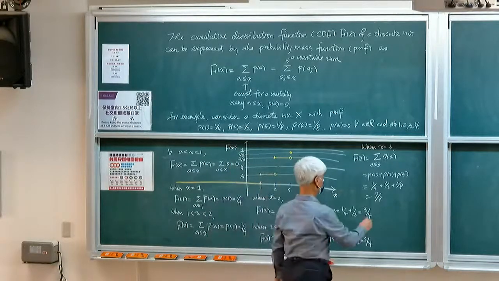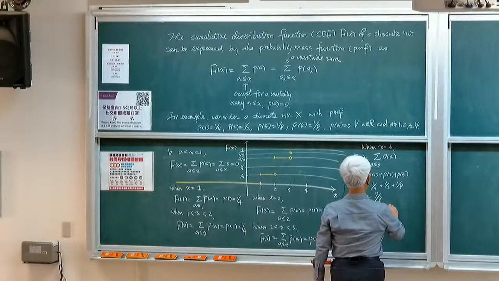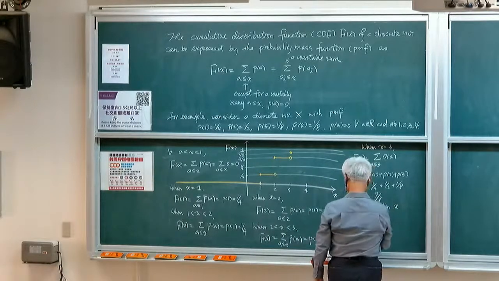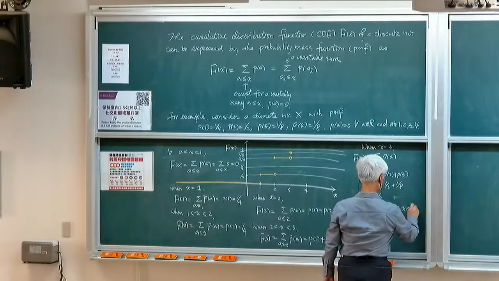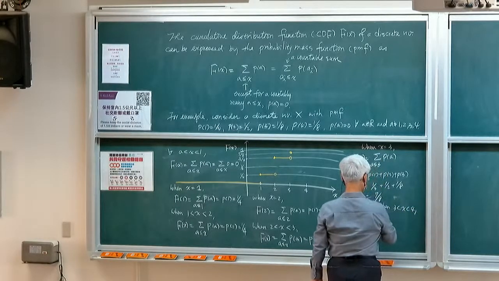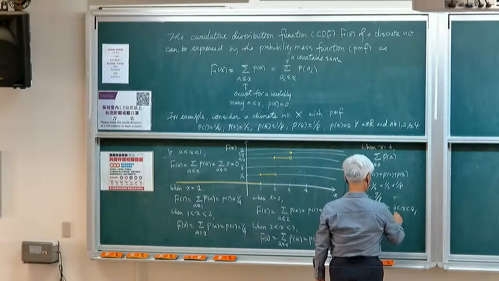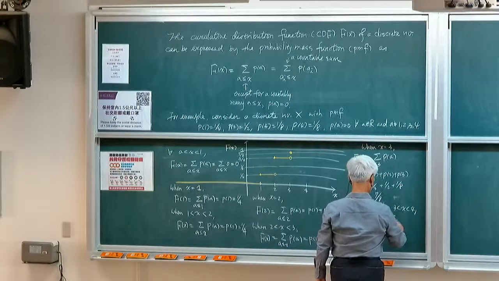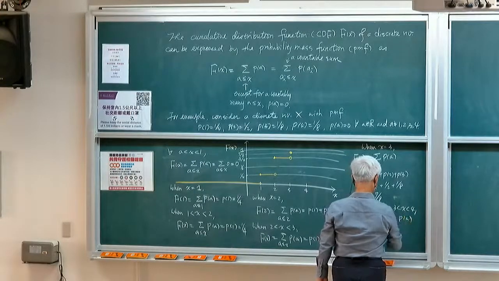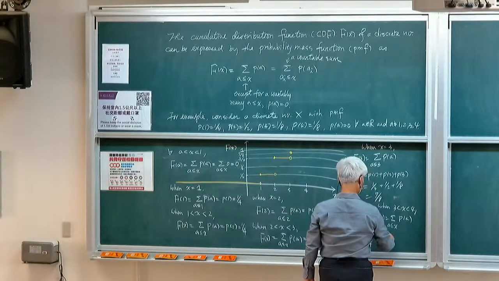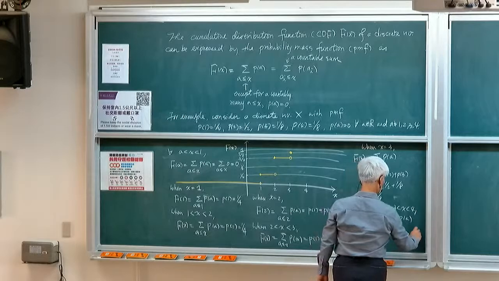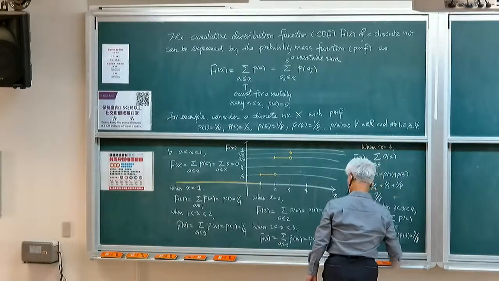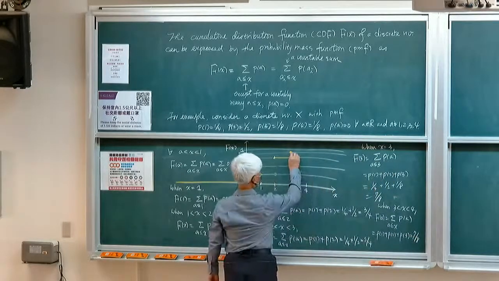All right, and when x is in between 3 and 4, F(x) is P(1) plus P(2) plus P(3). Again, this is 7/8.